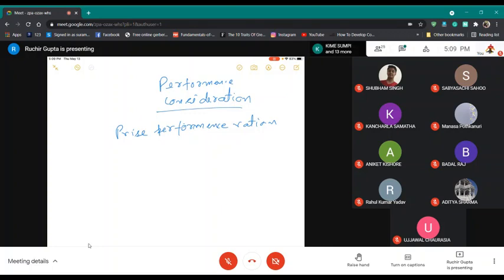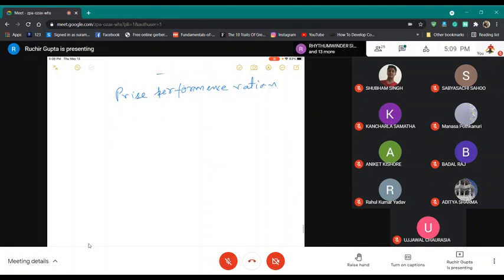So you cannot only talk about price, or only talk about performance. You have to see that your price should be minimum and your performance should be maximum. Otherwise, if you don't have a problem of price, you can do anything you want. So we always go for the methods where we can get the best performance with a low price.